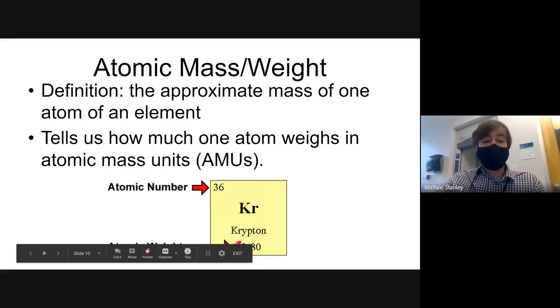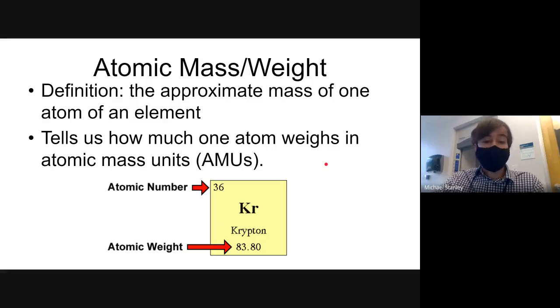The other number, the one down here on the bottom, is the atomic mass, also sometimes referred to as the atomic weight. It's an approximate mass of one atom of that element. And it's not a measurement of weight in terms of how we normally measure weight, like grams or pounds or ounces, because atoms are incredibly small, teeny tiny, right?